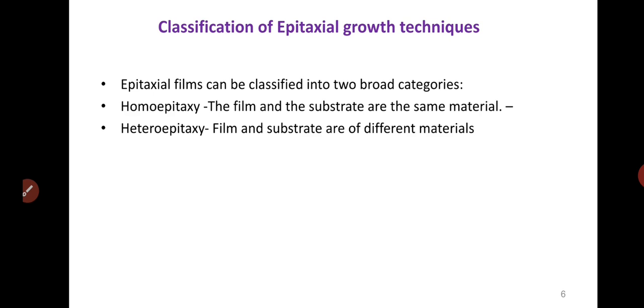If the lattice mismatch is only a few percent and the layer is thin, the epitaxial layer grows with a lattice constant the same as that of the seed crystal.